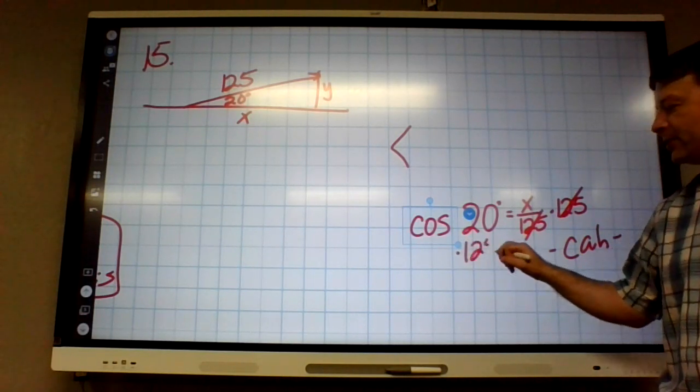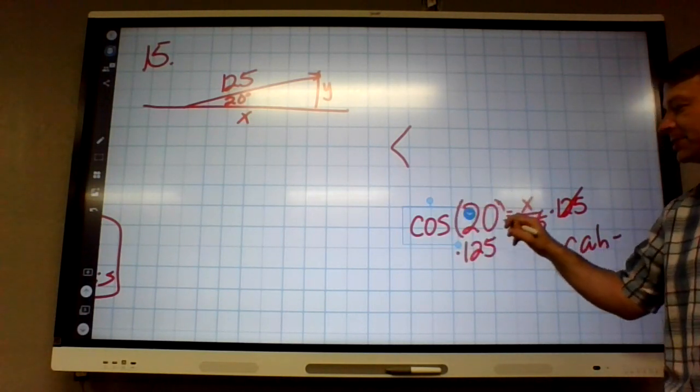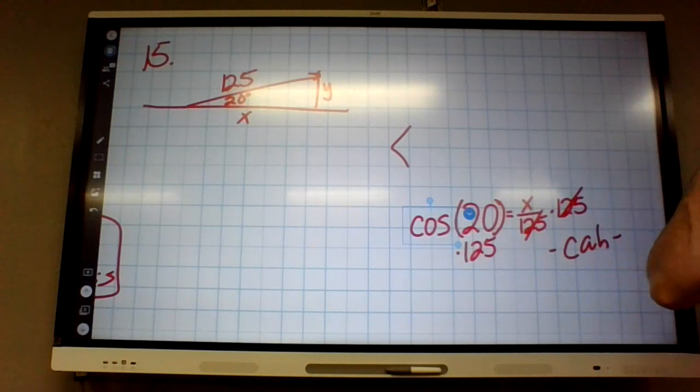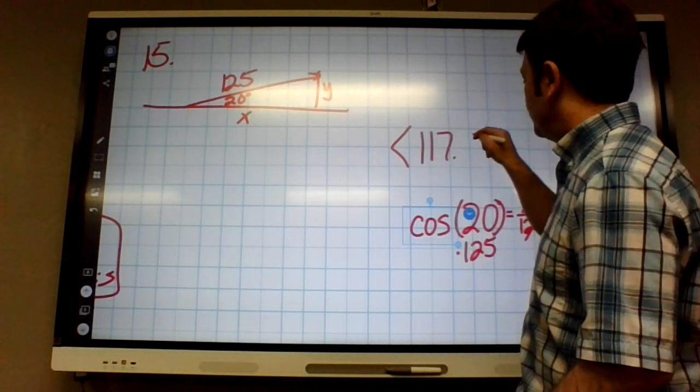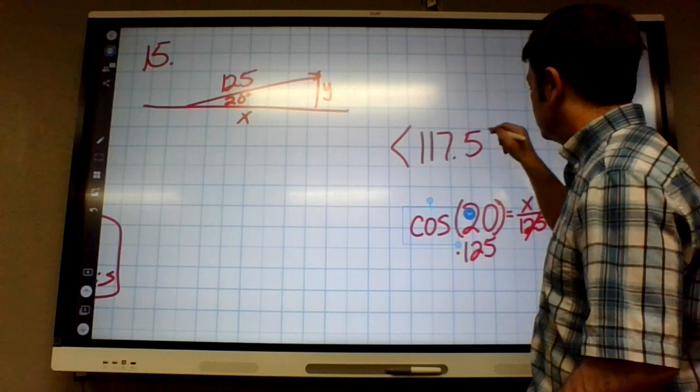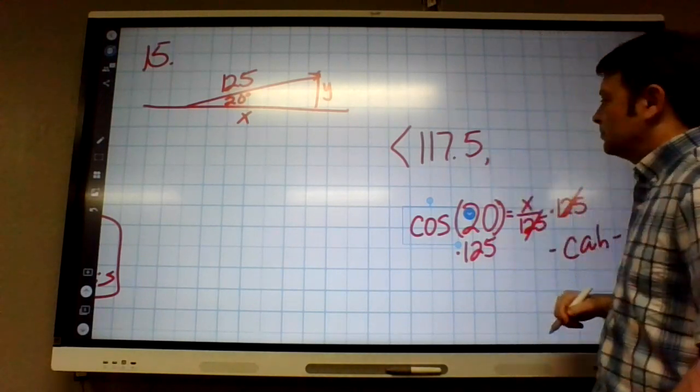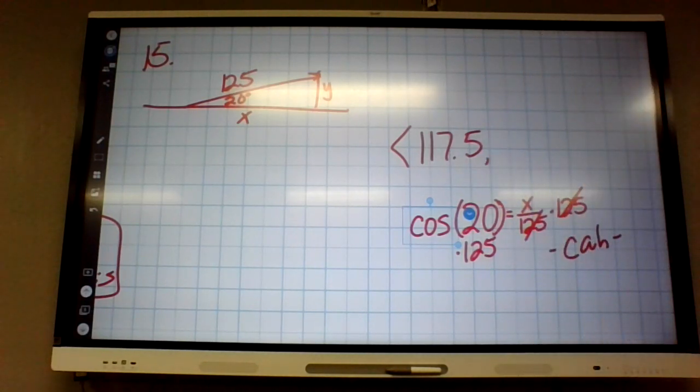So in the calculator, we're gonna put this. The parentheses needs to close around the 20, not the 125. Like 117.5, because we're rounding. Okay. Roman, how about the y value?